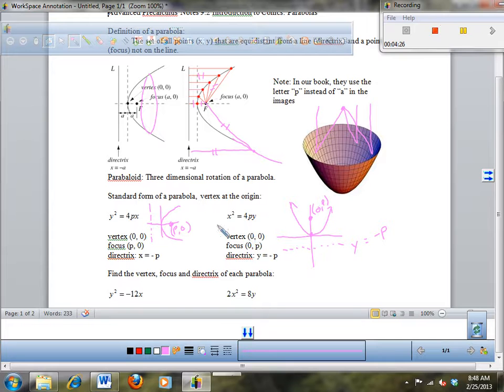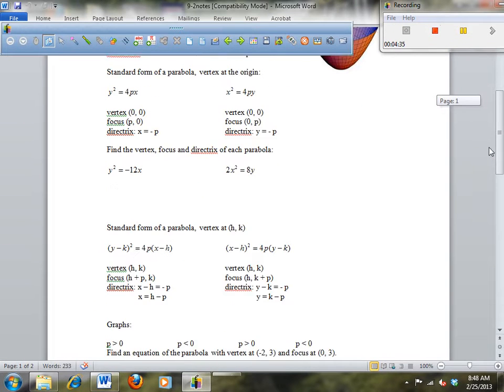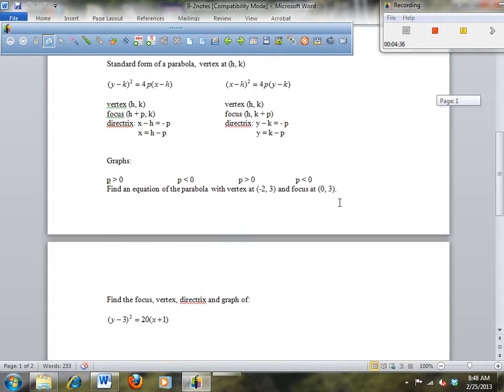All right? Now, one thing to remember, which we'll talk about a little bit further down on this worksheet, I'll just talk about it now, is if you look down here, if P is greater than 0. See that? Is that what your sheet looks like? Yeah, so I guess so.